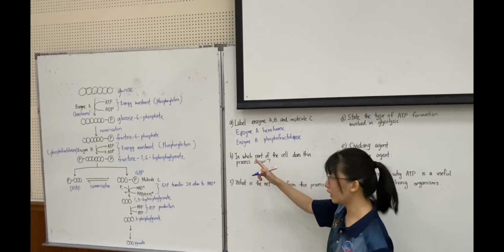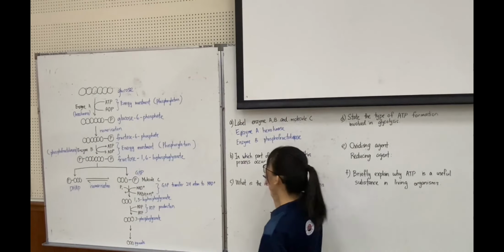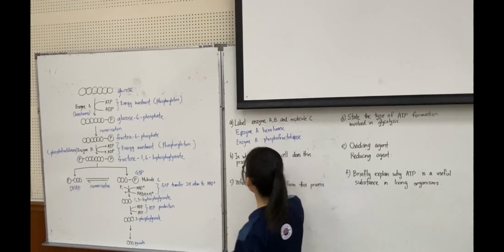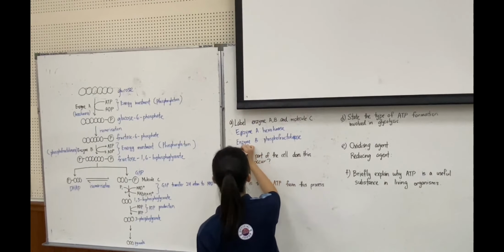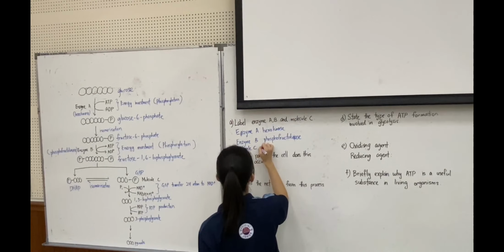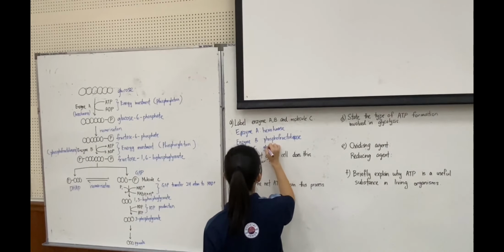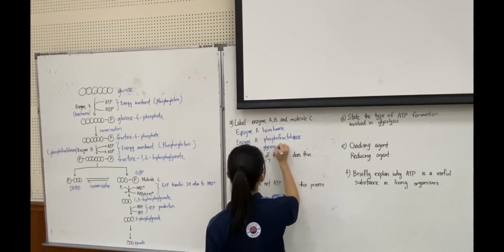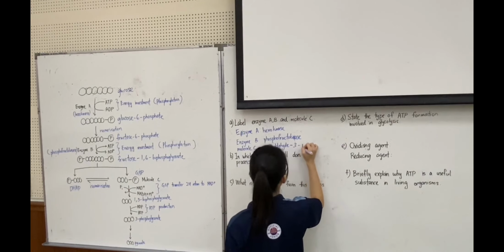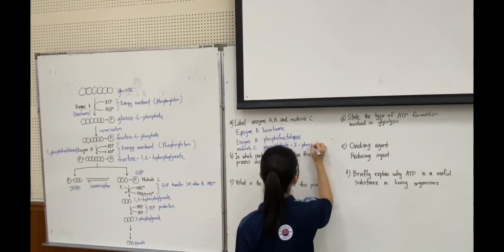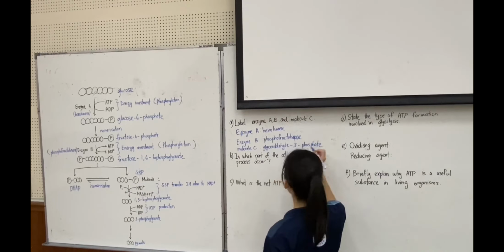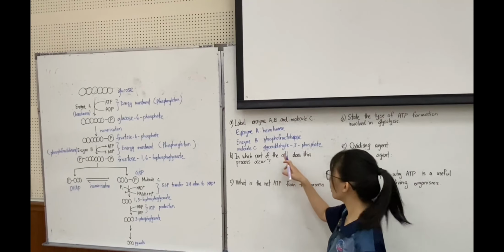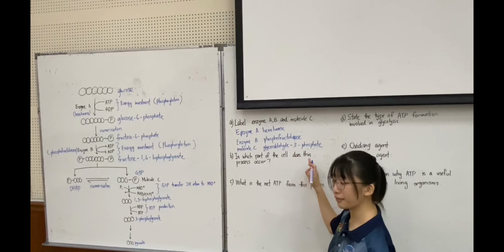And for the molecule C, it is G3P, but we write its complete name. G3P is also called glyceraldehyde 3-phosphate.